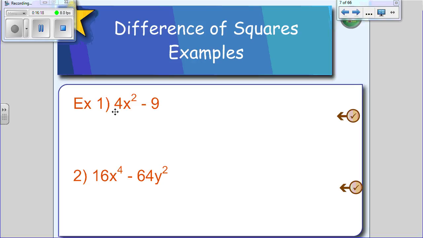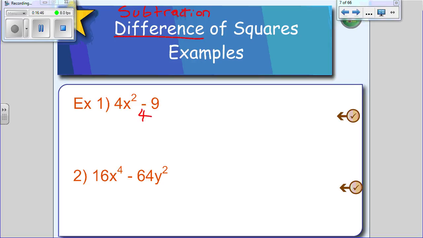Means subtraction. So if I'm looking for a difference of squares, I have to have a subtraction sign somewhere in this question. In this case, I have one right there. So that's the first thing you got.